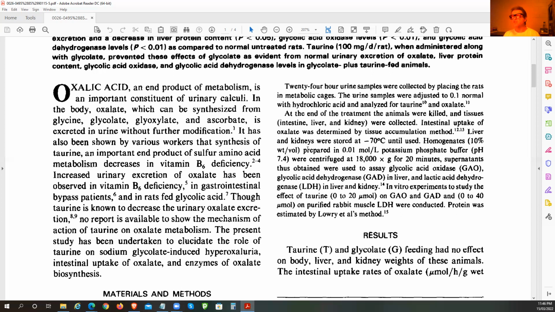That's the end product of sulfur amino acids, the methionine, cysteine, taurine, that enzymatic pathway that brings about more taurine. This has to do with methylation as well, which B6 is a very important element of, and it is determined in a sense by B6.